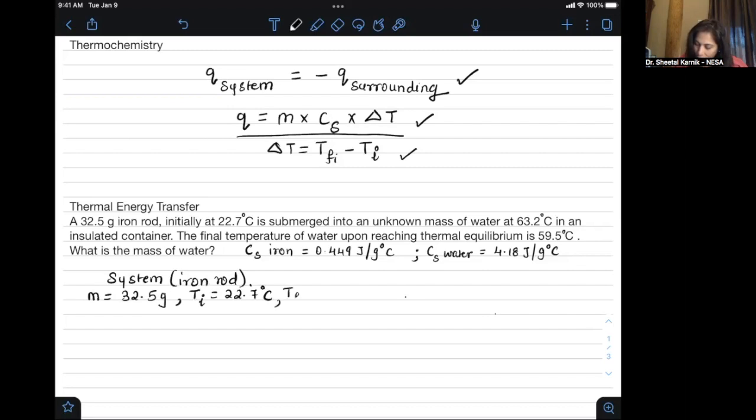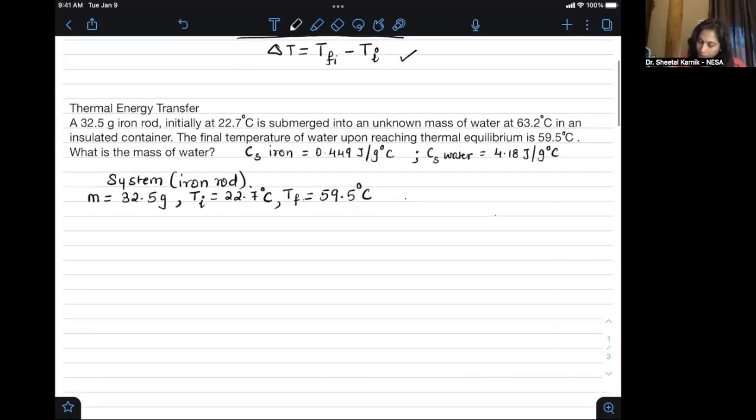The final temperature at thermal equilibrium, and when you're saying thermal equilibrium, it means that this is the temperature of both the system and surrounding, hence it is at equilibrium, is 59.5 degrees Celsius. The specific heat capacity of iron is 0.449 joules per gram degree Celsius.